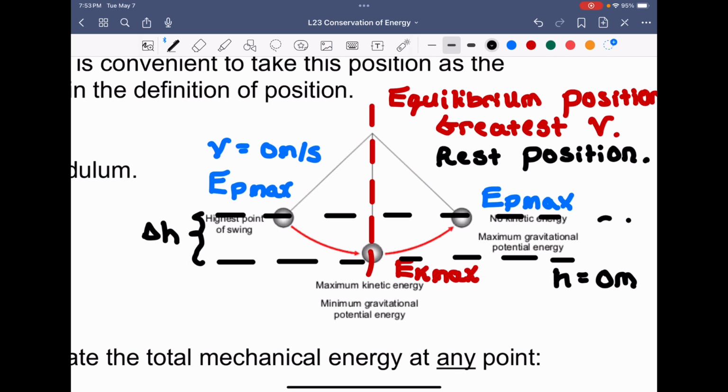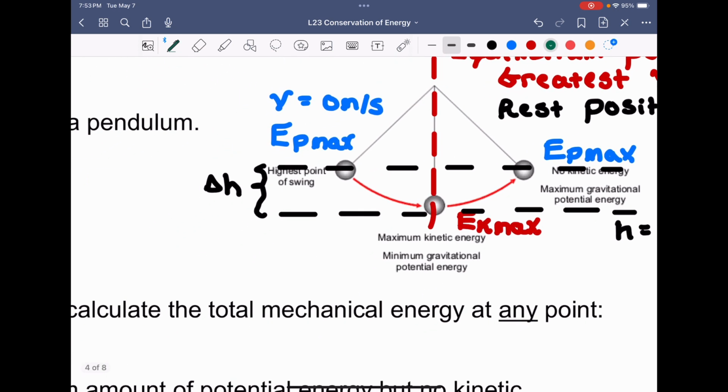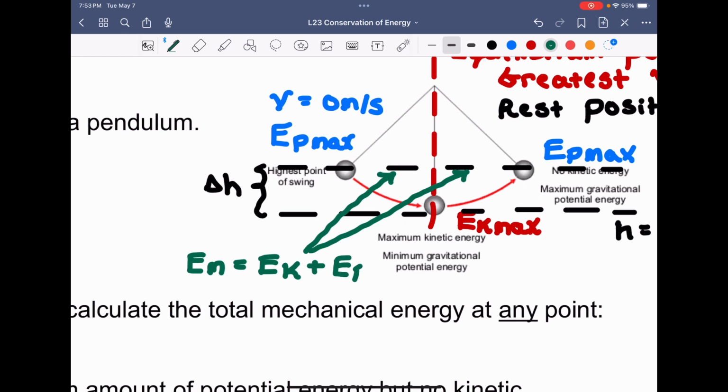All right, from here, there's one more annotation I want you to make. I want you to put an arrow to the middle section here and an arrow to the middle section here. In these middle points, the total mechanical energy, or the EM, is equal to a combination of the kinetic energy plus the potential energy. And so neither one is maximized.